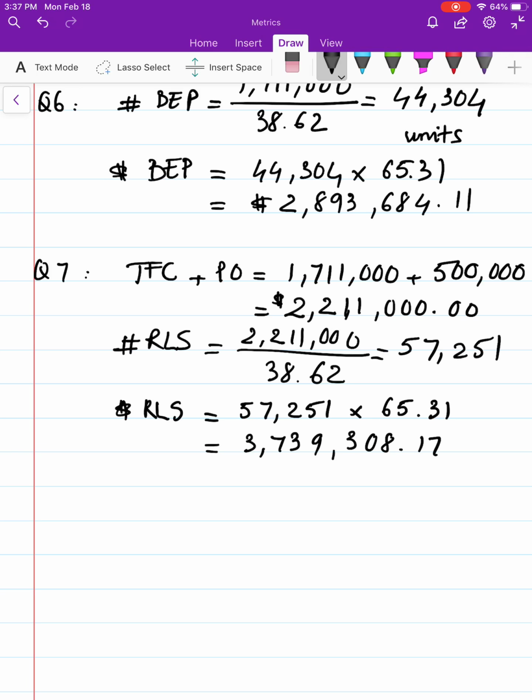Next question, very similar, but now the profit objective is thought of as a percentage of the unit selling price. So let's go ahead and find out what that would be.